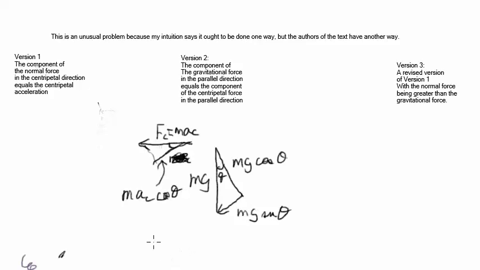And so then they set mass times a centripetal times cosine theta equals mg times sine theta. The component of the gravitational force in the parallel direction, mg sine theta, equals the component of the centripetal force in the parallel direction, m a centripetal times cosine theta.